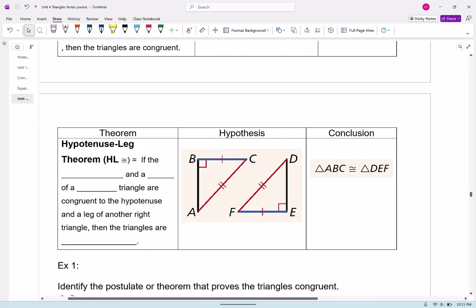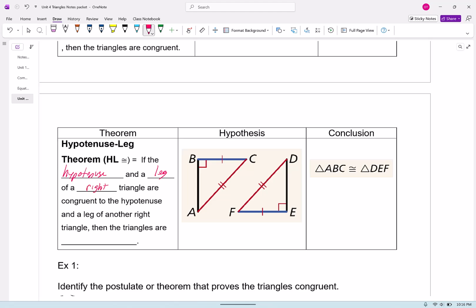All right, we got another here. So this is kind of the 5th way. This is known as the hypotenuse leg theorem. So if the hypotenuse, which remember is the longest side of a triangle, and a leg, that's just one of the other sides, of a right triangle, so it needs to be a right triangle, are congruent to the hypotenuse and leg of another right triangle, then they are congruent.